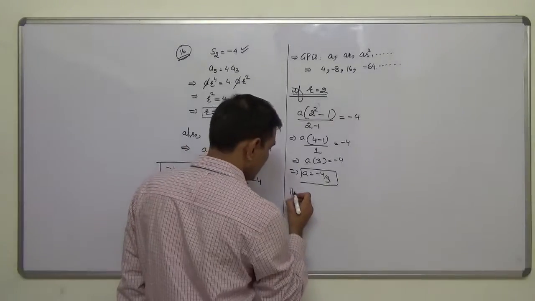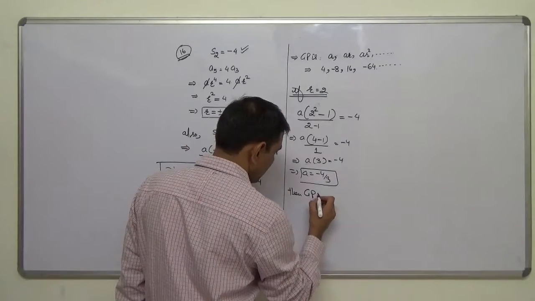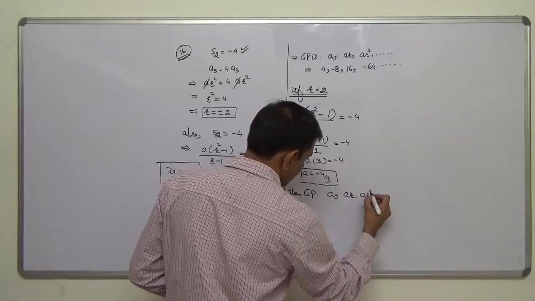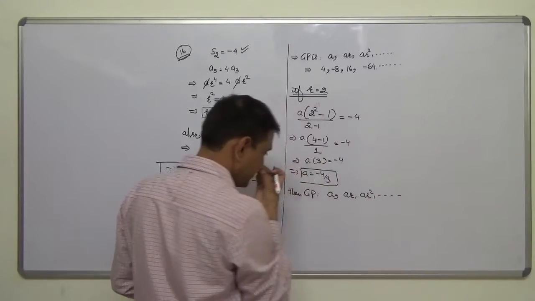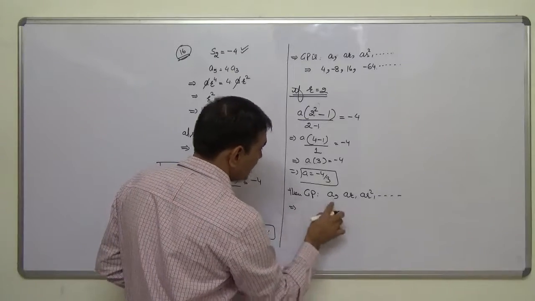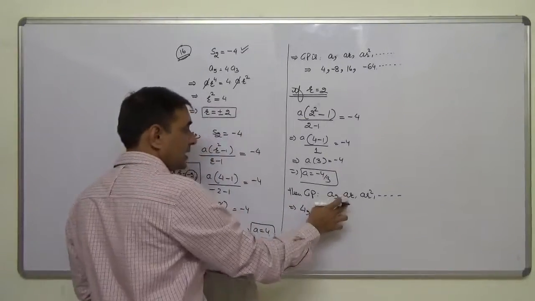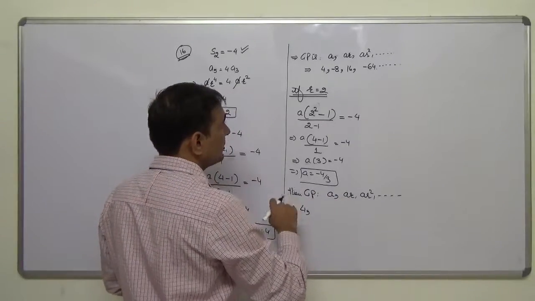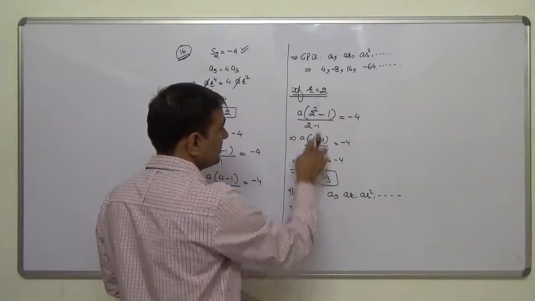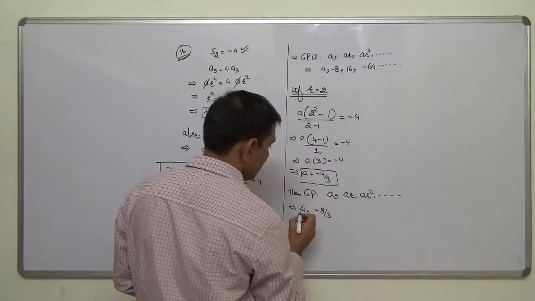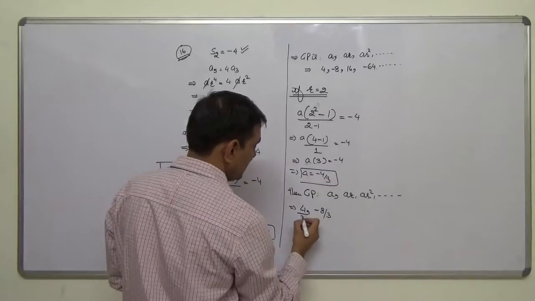So now we will find GP. GP will be A, AR, AR square and so on. R is 2, A is -4 by 3.